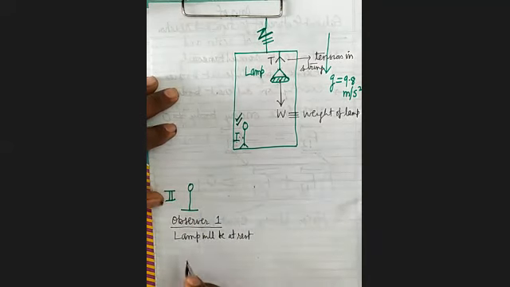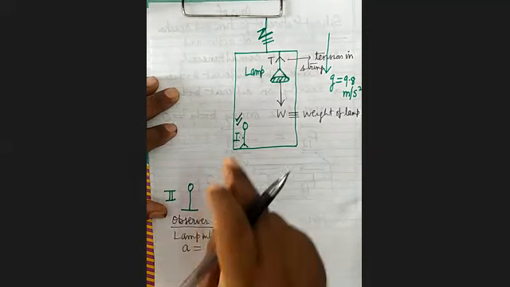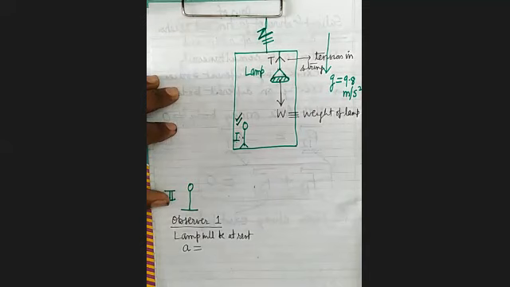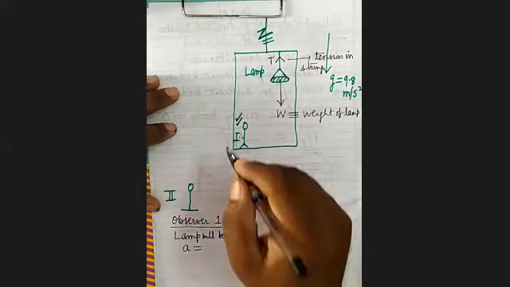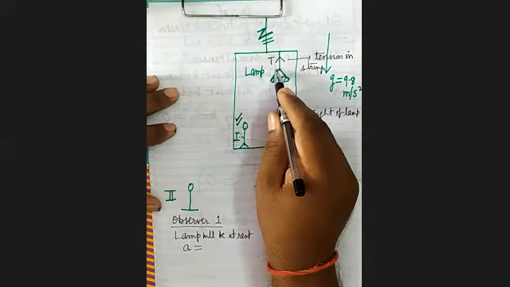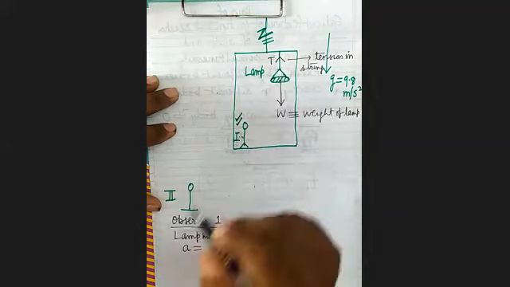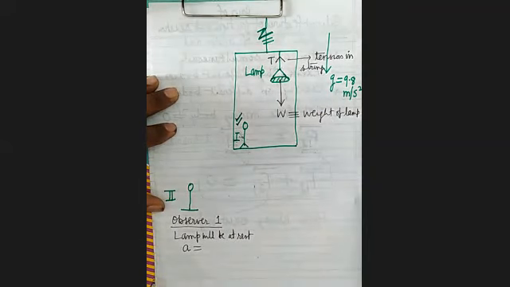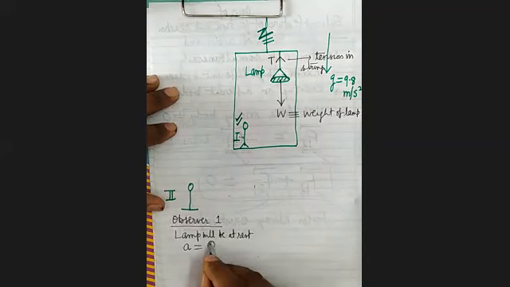It is at rest, so what will be its acceleration? When the lamp is at rest with respect to observer one, what will he conclude about its acceleration? That acceleration is zero because it is at rest.